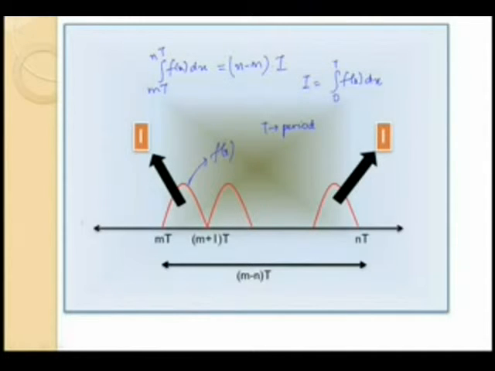Somewhere it would be something like this, and t, this portion, and this would also be equal to I. Hence I is equal to integral of f(x) dx from 0 to t. Thus this is equal to (n minus m) into integral of 0 to t f(x) dx.